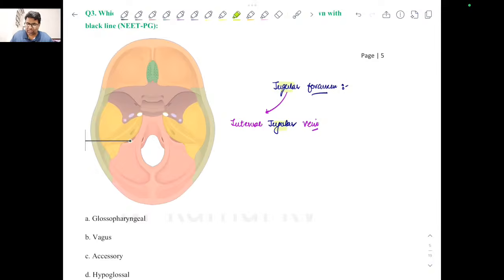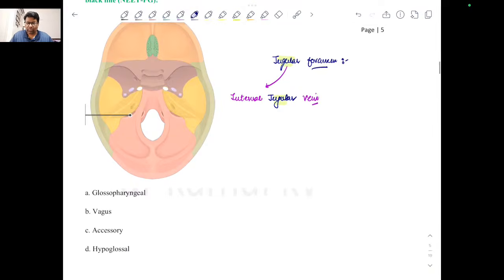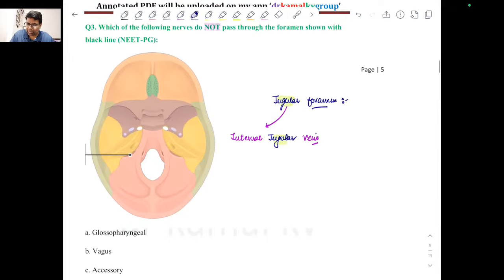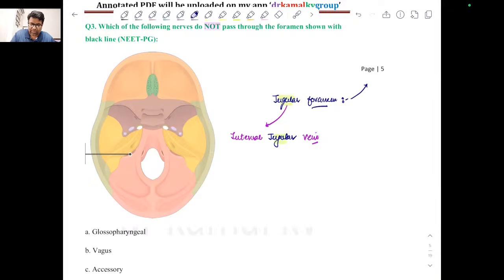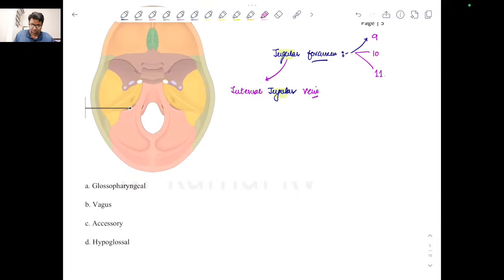Now the question is asking you about the cranial nerves, and here there are three cranial nerves which are passing through this. One is 9th, another is 10th, and the third one is 11th. Clear? So 9, 10, 11. So obviously if you go with the options, the answer will come out to be hypoglossal nerve, because it passes through the hypoglossal canal.